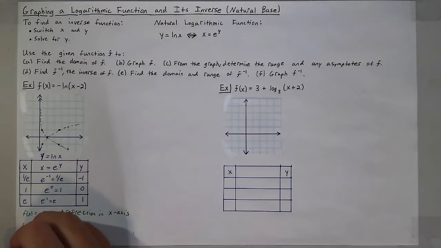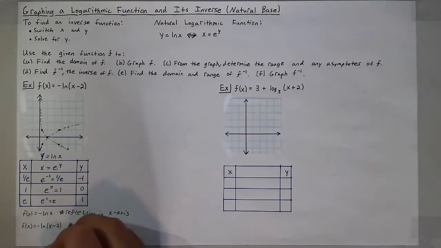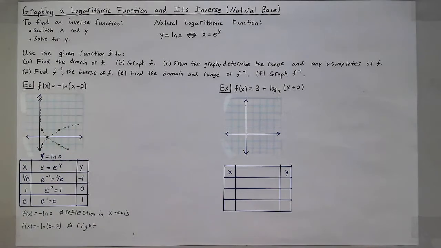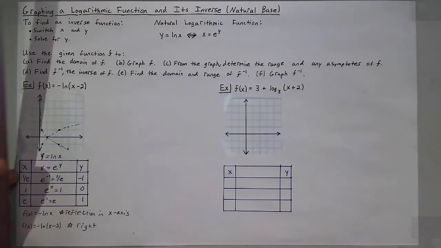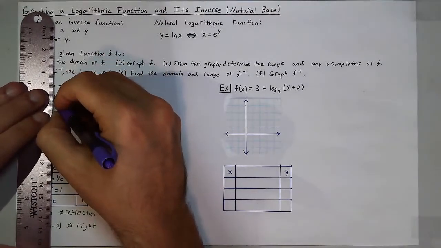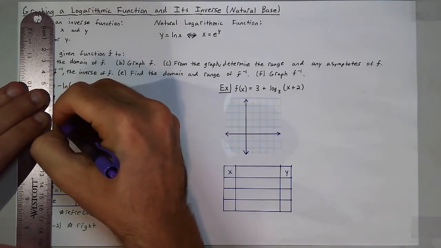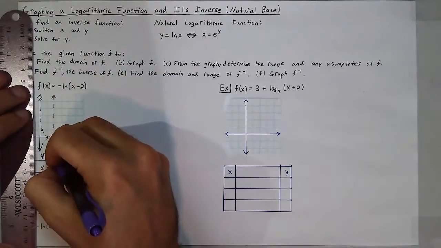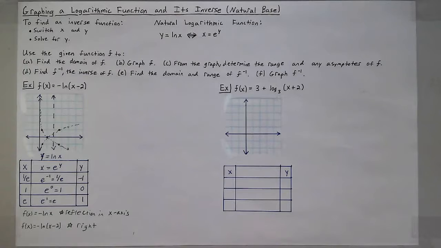And then I will apply the minus 2 on the inside of the natural log, which causes a shift right 2 units. So now this graph will shift to the right 2 units, which means that its asymptote will also shift to x equals 2. And this will be the final form of the graph.